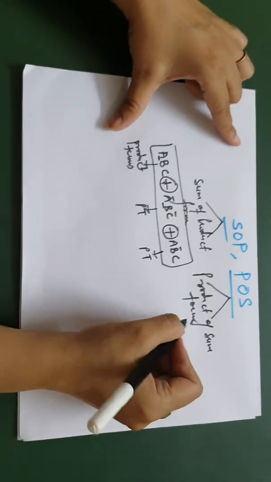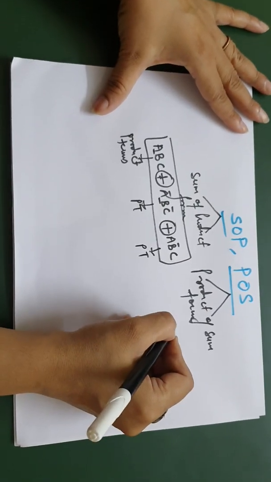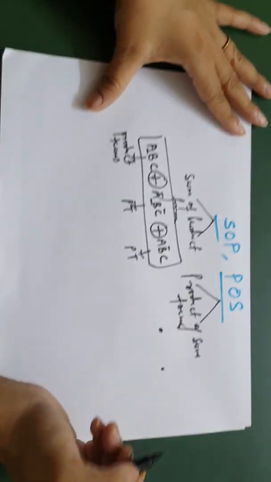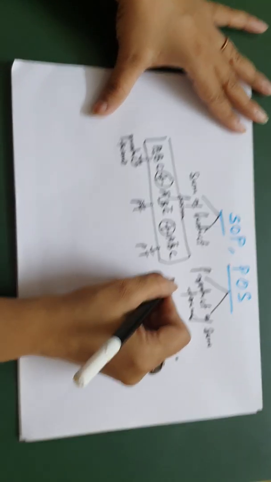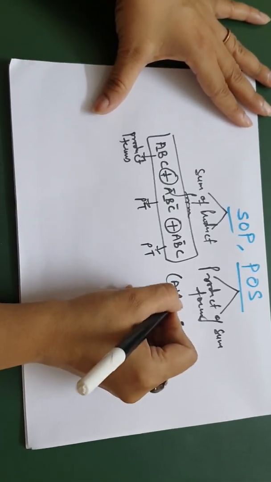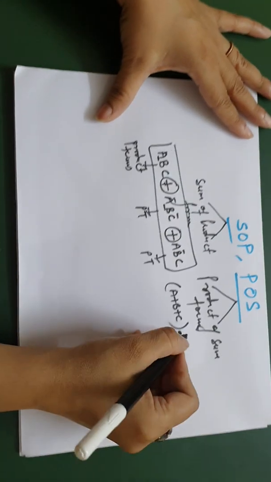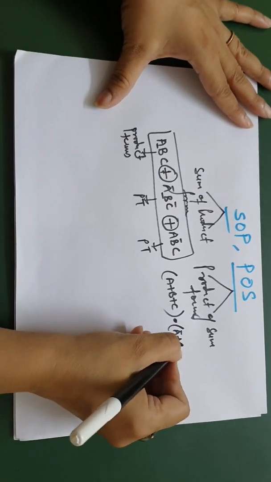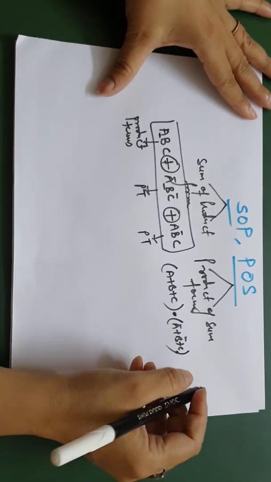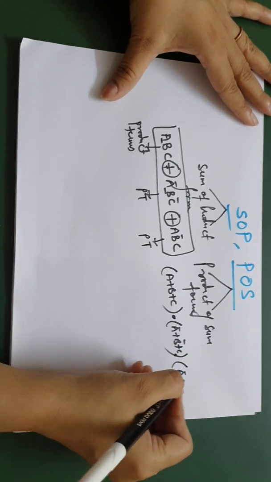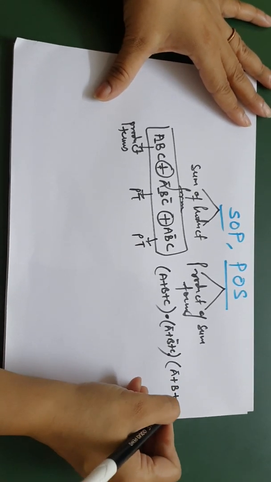Now see the product of sum form. We can write (A plus B plus C), (A bar plus B bar plus C), or (A bar plus B plus C bar).